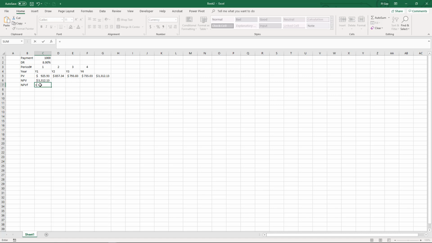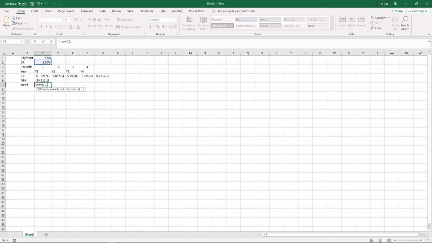And for our sake here, we're going to use NPV. I'm going to show you the formula version of what we just did by primitive. We'll use the rate. If you look right here, it gives you all the hints that you really need. What's the rate? That'll end up being 8% or 0.08. And then it wants to know what the values are that we want to add together.